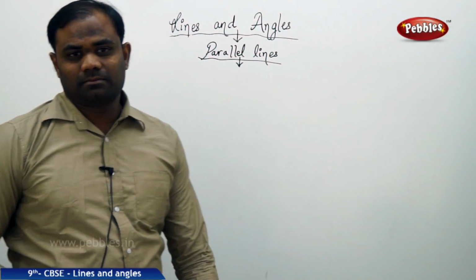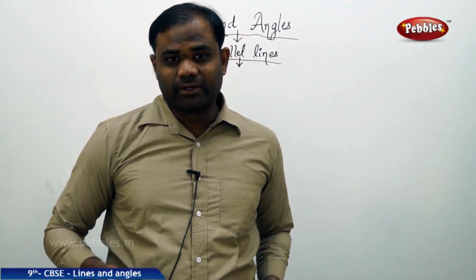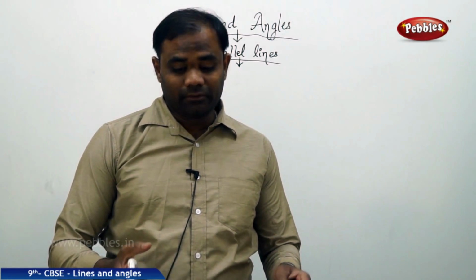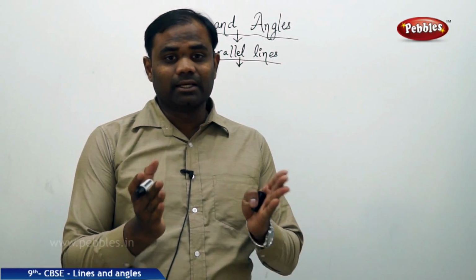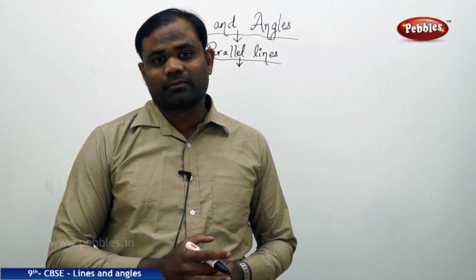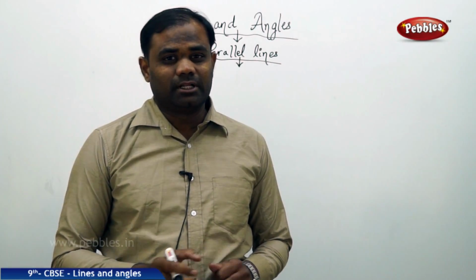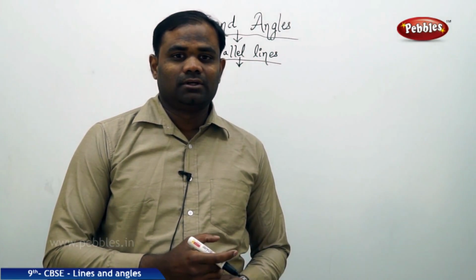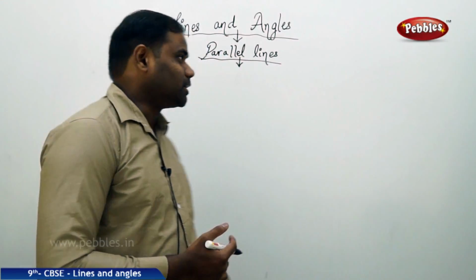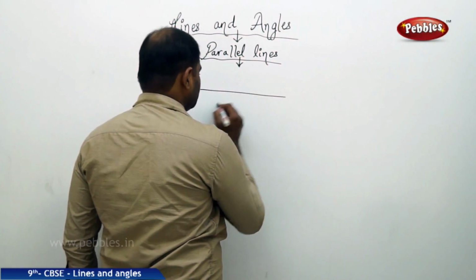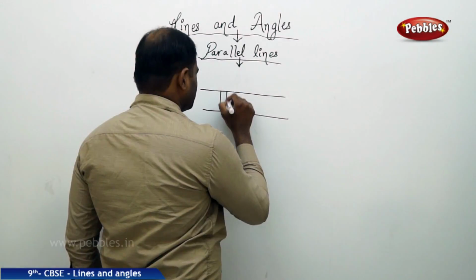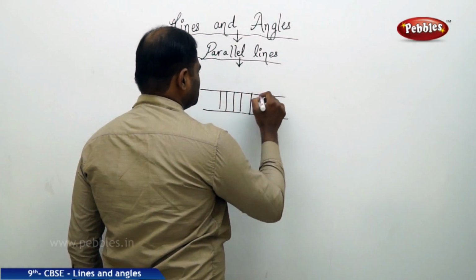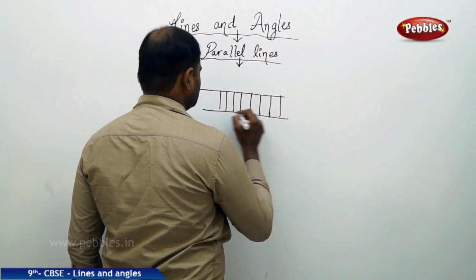What are parallel lines? Imagine we have a railway track in which the two rails are exactly at equal distances. There is no possibility that the two rails meet at the railway track. So the railway track can be taken as an example of parallel lines.